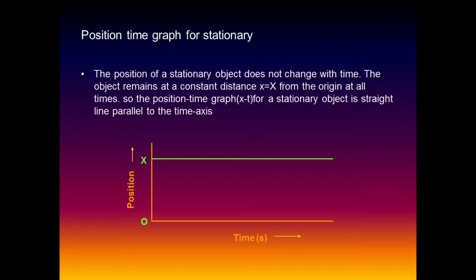So the position time graph for a stationary object is a straight line that is parallel to the time axis, right?